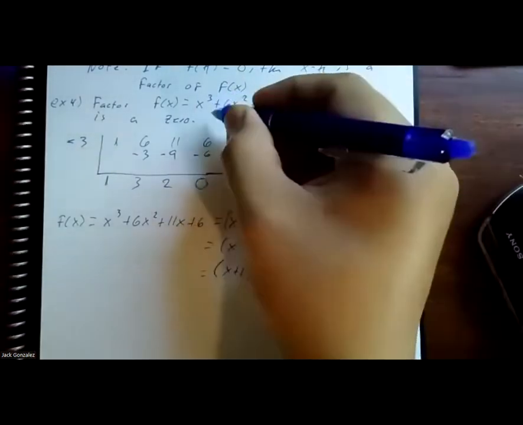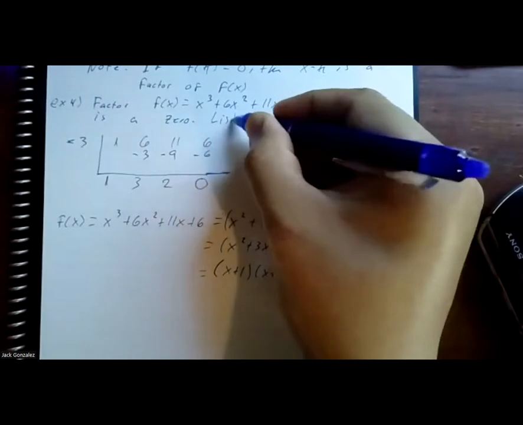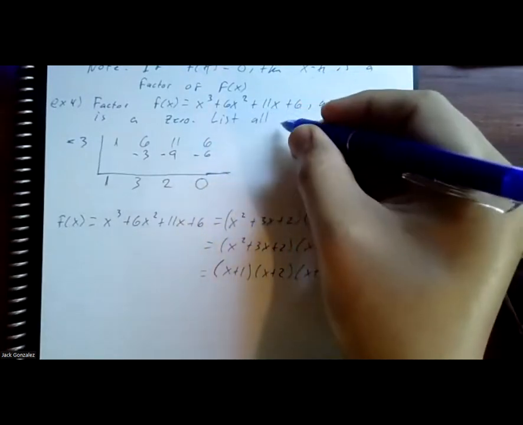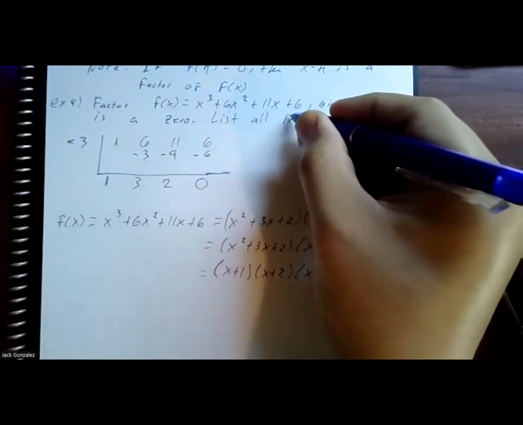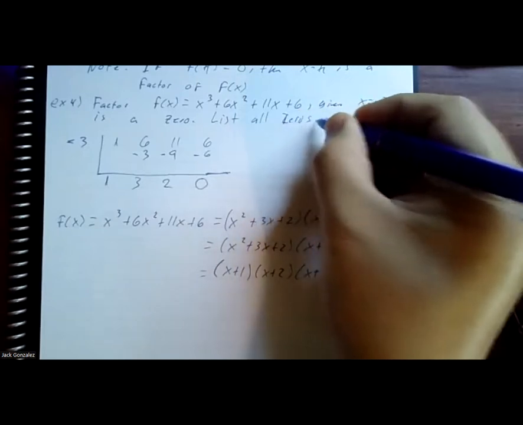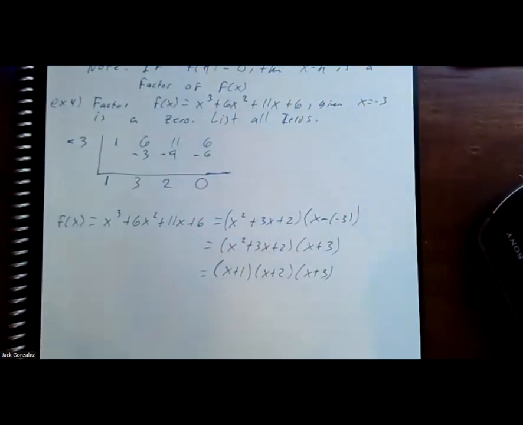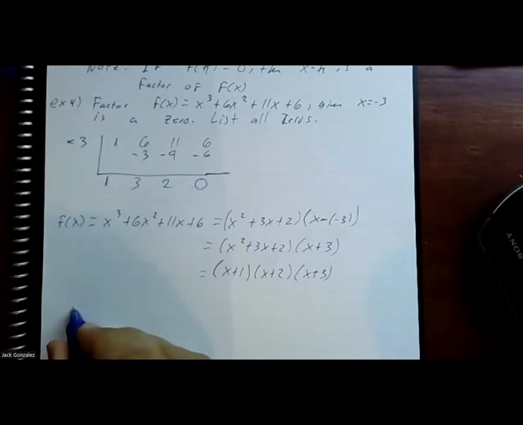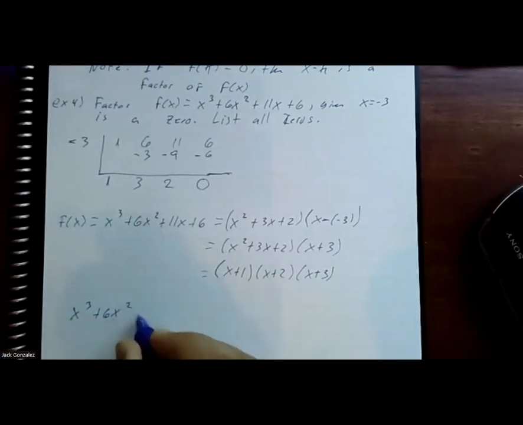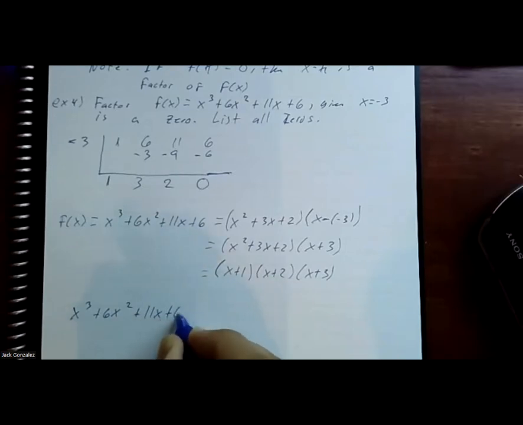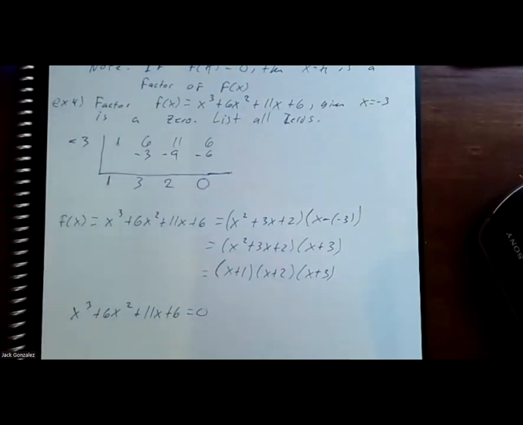The question said, I forgot to mention, list all zeros. So to find the zeros, you would set this guy to 0, of course. Once it's factored, you can just solve it, right?